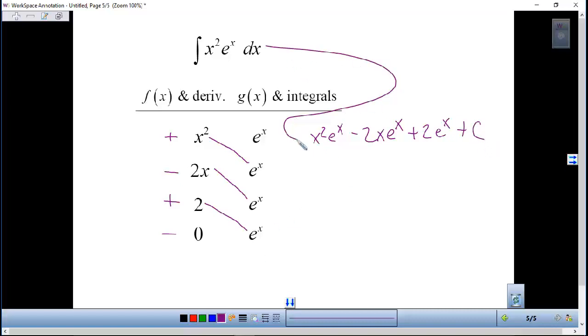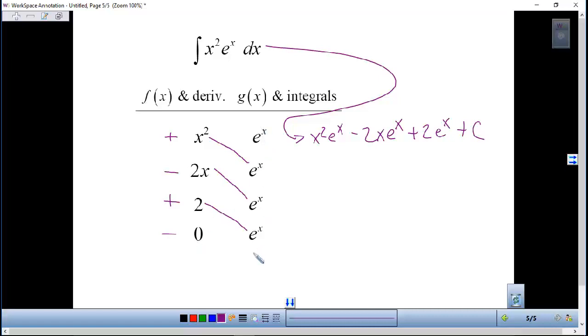So that is how you use tabular integration. And if you need to, go back and see what I did here. You take the derivative of the thing that's going to differentiate to 0 in this column, and the rest of it you're going to integrate in this column.